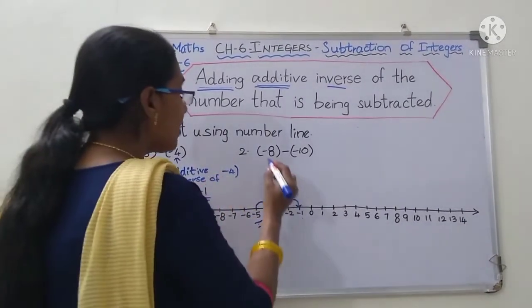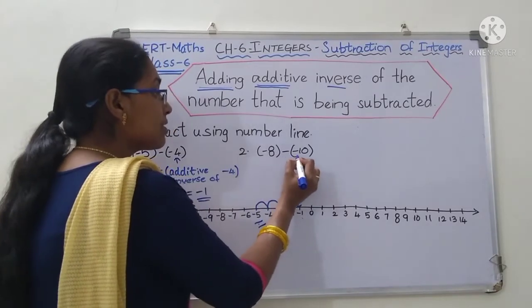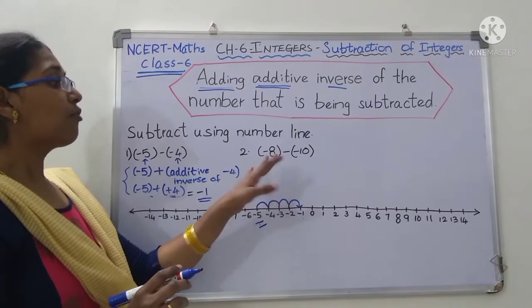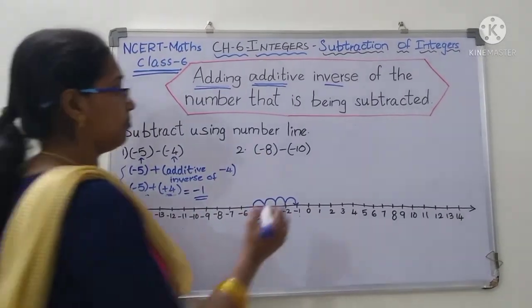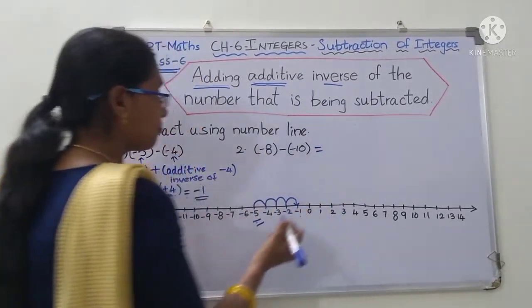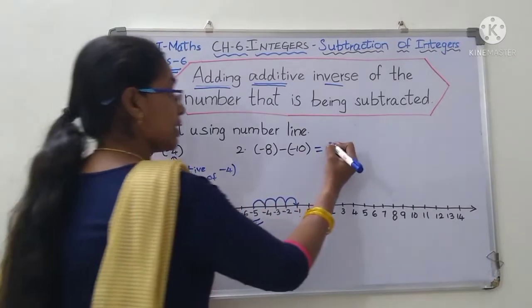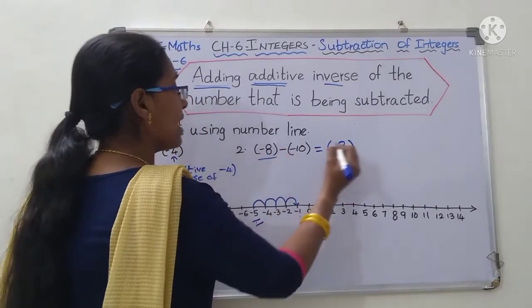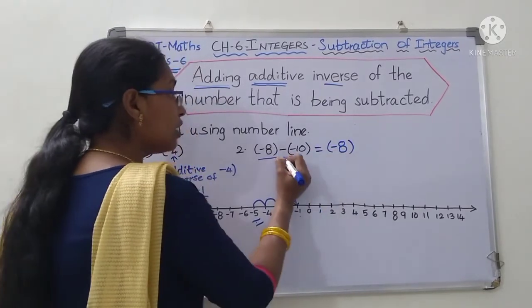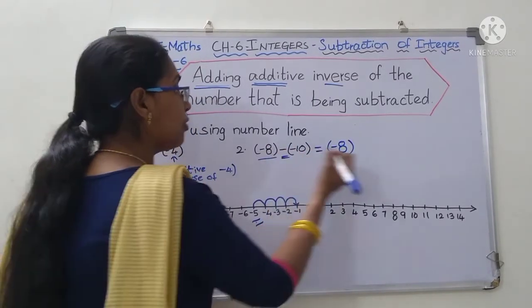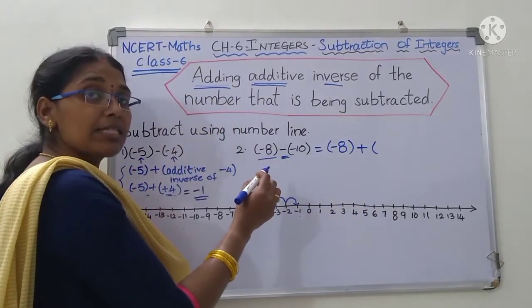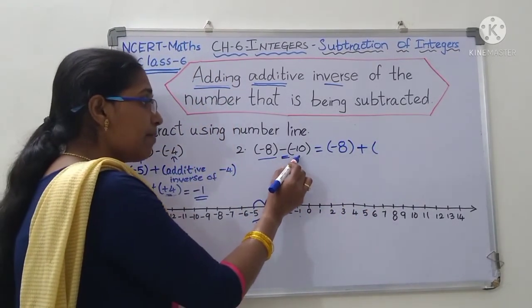Let's see another problem. Minus 8 minus of minus 10. That is, you are subtracting minus 10 from minus 8. See children, how do you do it? Yes, write the first number as it is. First number is minus 8. Write minus 8 as it is. Then change the subtraction symbol to addition symbol. Then what is the number being subtracted? It is the second number, minus 10.